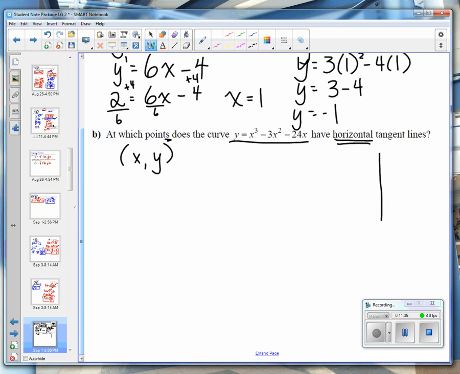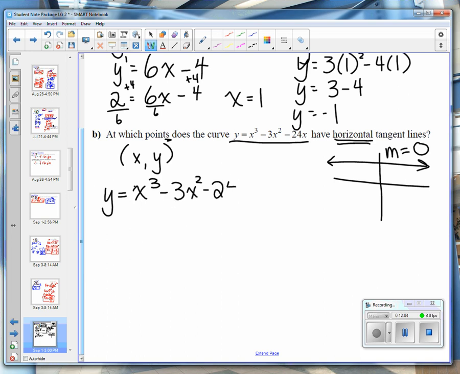So remember, if I have a horizontal line, what have I said a few times already? If I have a horizontal line, what do I know my slope is? Remember, 0. So even though it's using the word horizontal and not the word slope, we automatically know what our slope is. So same rules apply. I've got my equation, y equals x cubed minus 3x squared minus 24x.